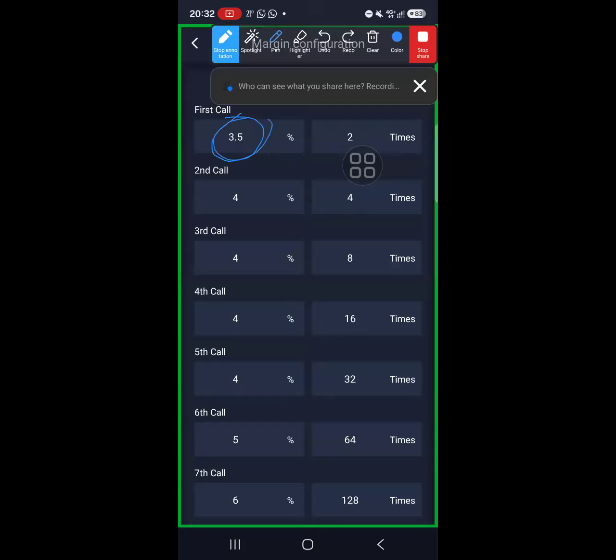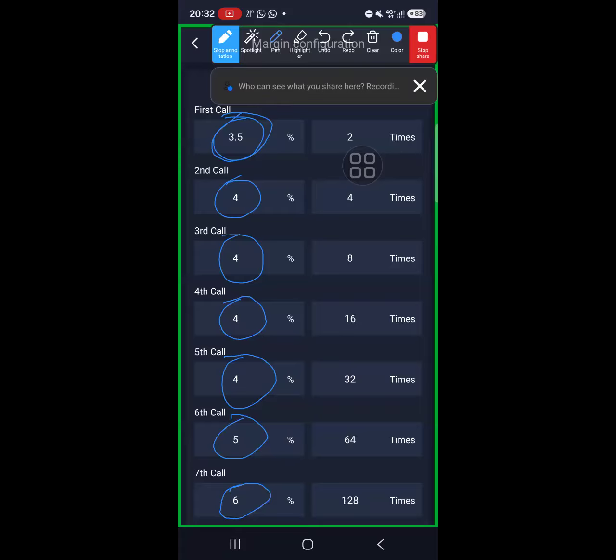When you add 3.5 and then you add 4 and then you add another 4 and then you add another 4 and then you add another 4 and then you add a 5 and then you end up with a 6. These are 7 margin calls. All right? These are 7 margin calls.